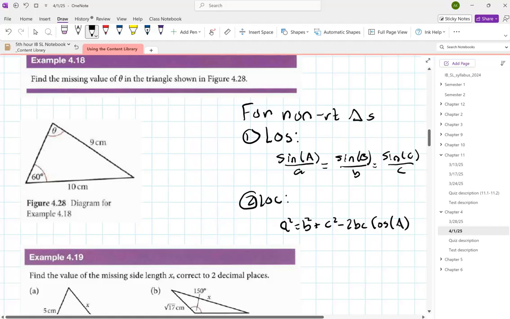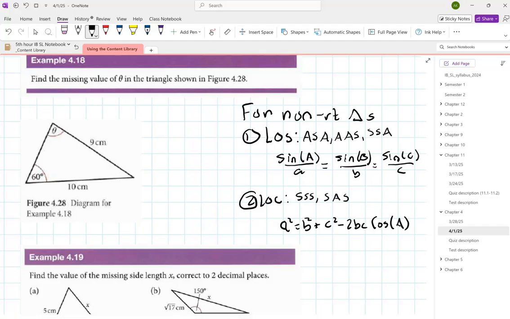For law of sines, we'll use that when we have two angles. So if we have an angle side angle situation or an angle angle side situation, or that dreaded side side angle situation. Law of cosines we use if we have a side side side or a side angle side situation.